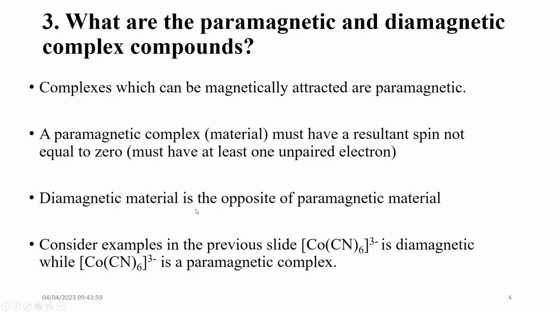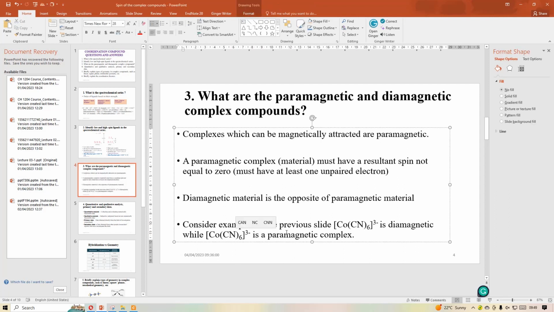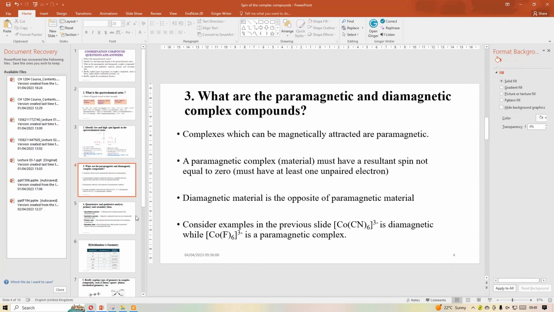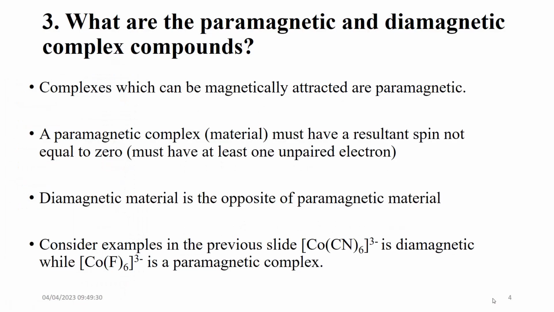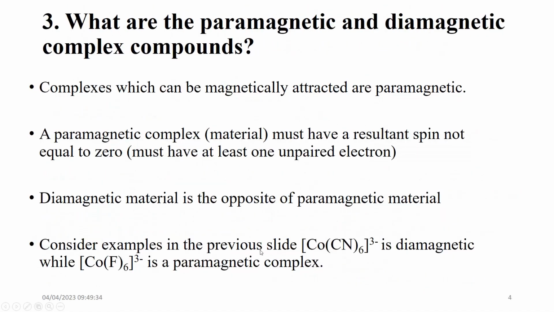I think I've told you that diamagnetic material is the opposite of paramagnetic material, and even the examples are the same. And here we have this slide. This is paramagnetic. This is diamagnetic. Here it is, fluoride, which is a paramagnetic one, in the previous slide.